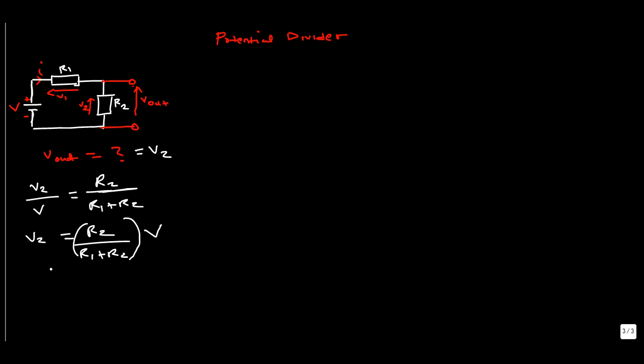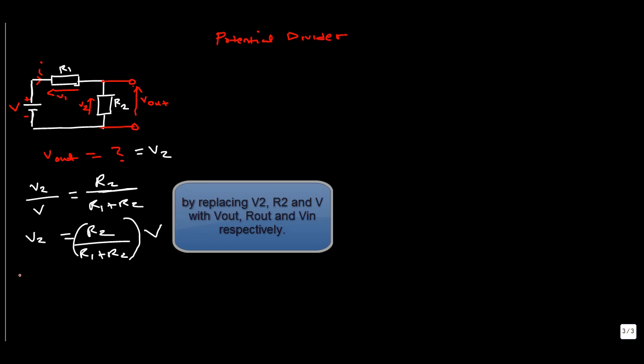We're just going to write this down in a form used in control engineering. So V out, your output voltage, is equal to R2 over R1 plus R2 times your input voltage.